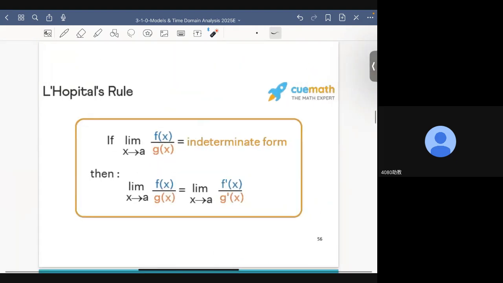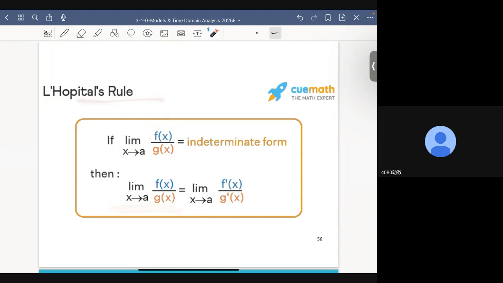So we rely on L'Hopital's rule, which tells you that if f of x over g of x has an indeterminate form when x approaches a, you can always resolve this problem by using this rule.